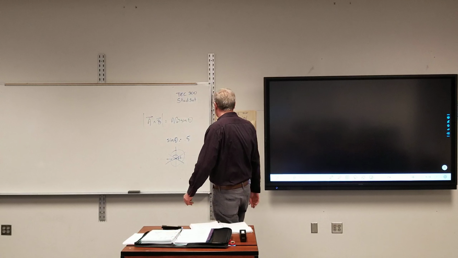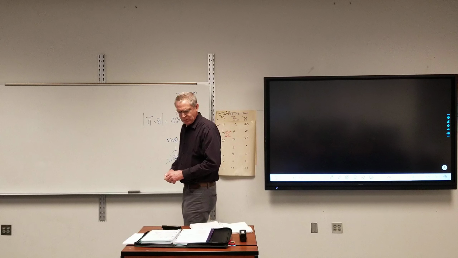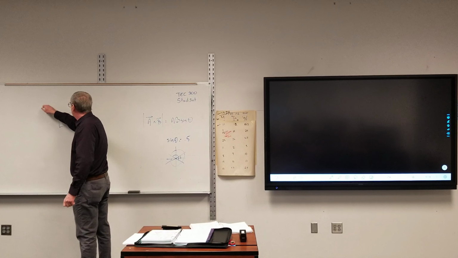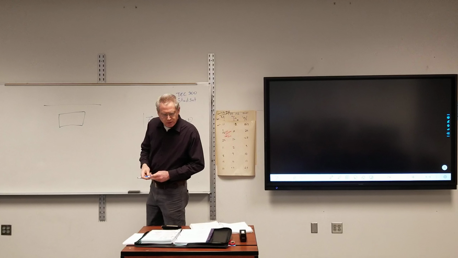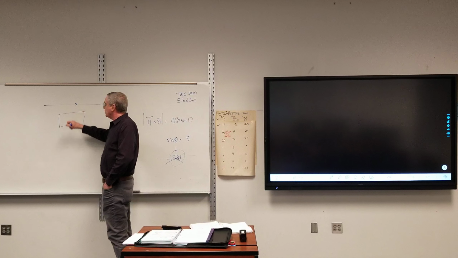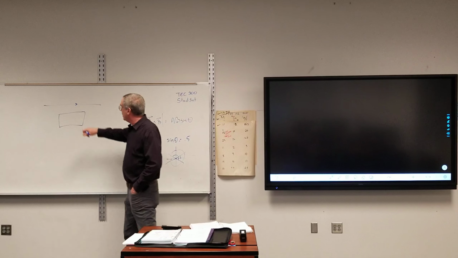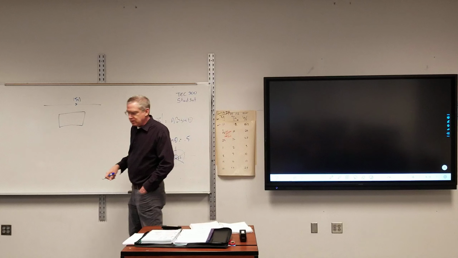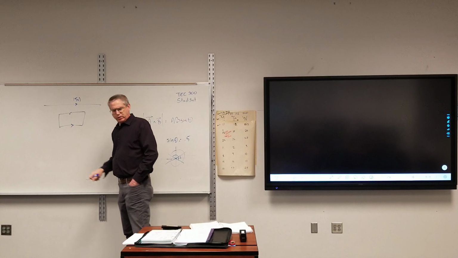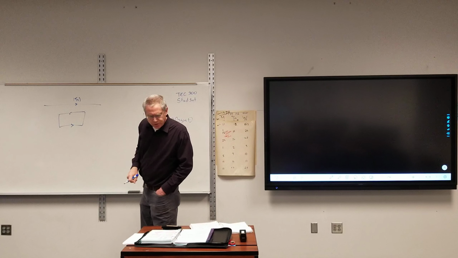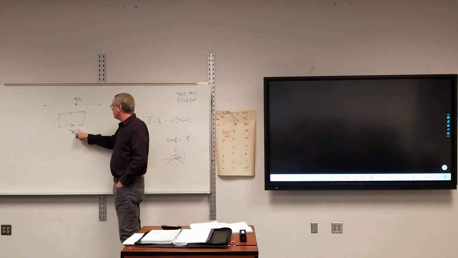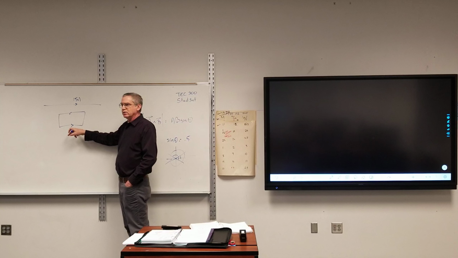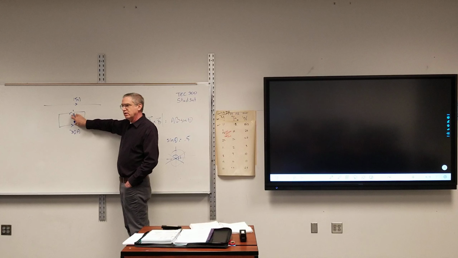So the picture is a wire, and the current's going that way, 15 amps. And then there's a current flowing through here of 30 amps.